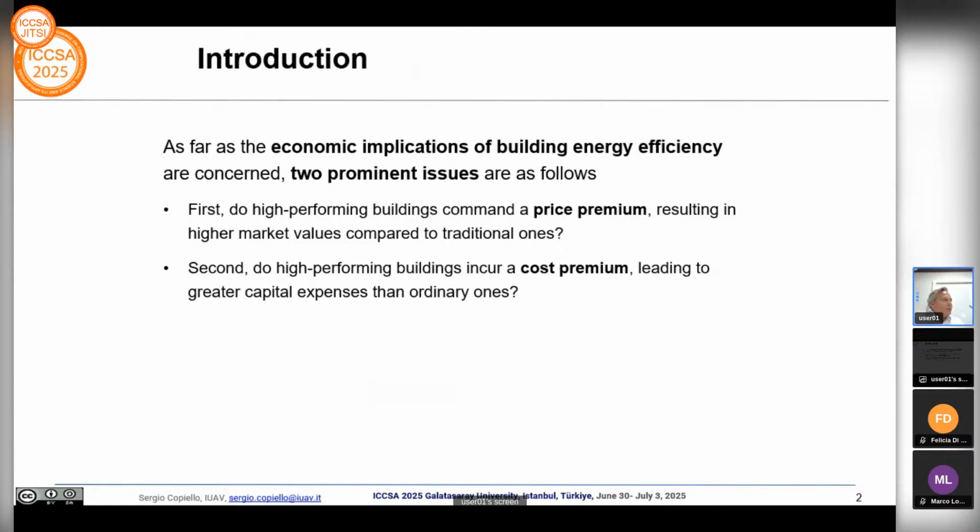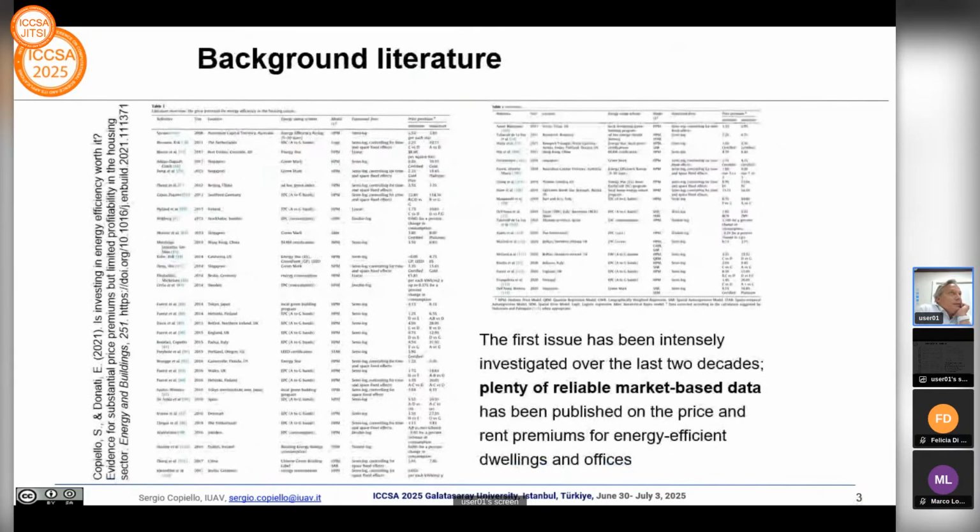There is a problem with these two research questions. The fact is that the first issue has been dealt with by the literature much more than the second one. During the last couple of decades, plenty of studies dealt with the estimation of the potential price premium.